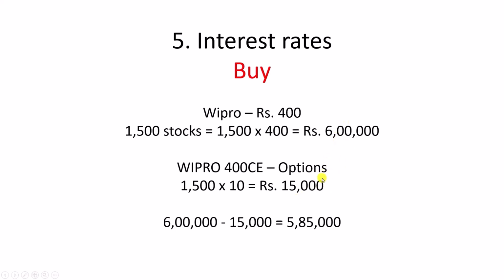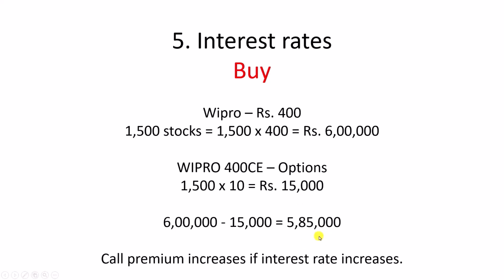So there is an advantage in buying options, and for this, the call option premium increases if the interest rate increases. If the interest rates of government bonds increase, then the call option premium increases.